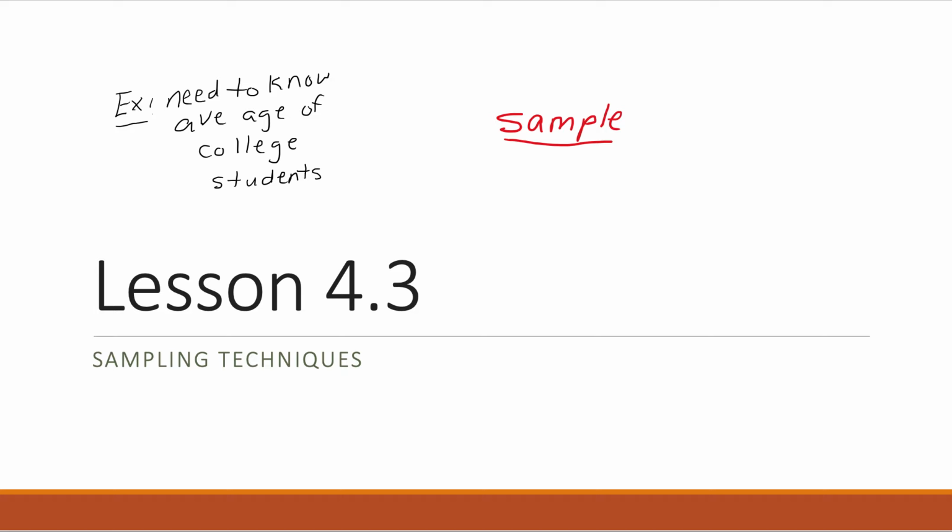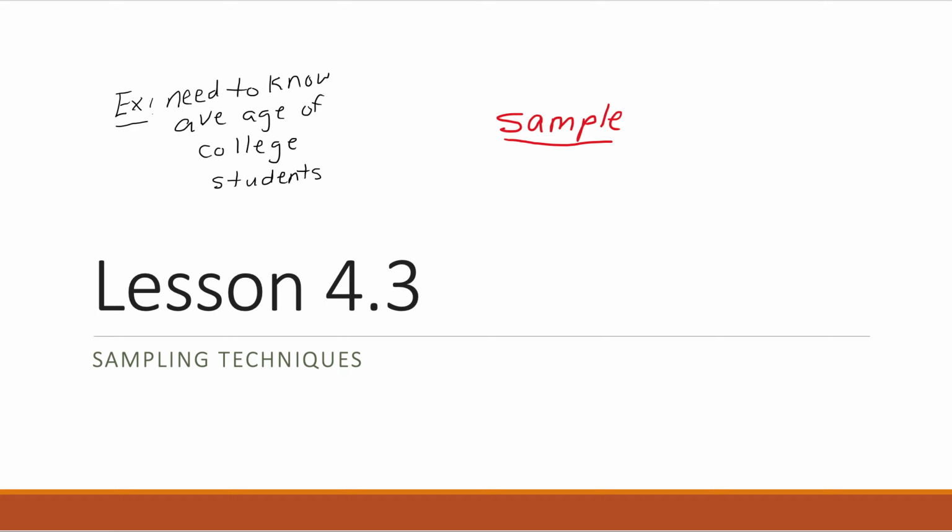So first of all, I don't want to have to ask every person in the United States how old they are. That's too many people. It's going to take me too long. And then secondly, once I get that data, if that was even possible, I would have such a huge data set that it's not really practical to work with that many people.